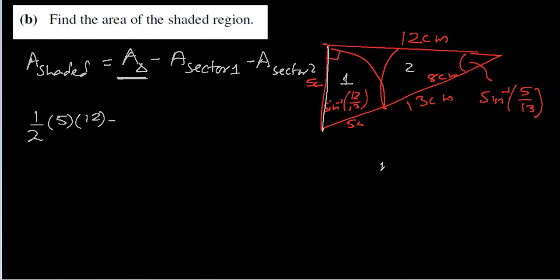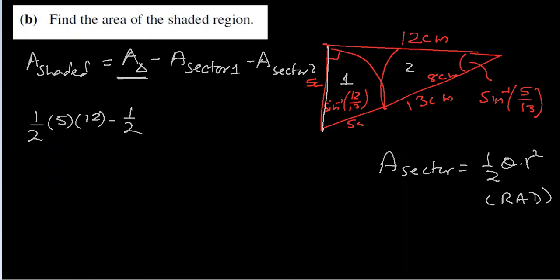Minus area of any sector is half theta r square. Theta is in, again, radians. I am insisting about it being in radians because if you use degrees, your answer will be totally different. So never use degrees, only radians. Half theta we know now, which is sine inverse 12 over 13. I'm not using its actual value because let me leave it to the calculator.